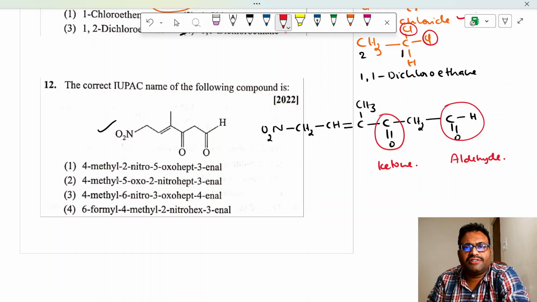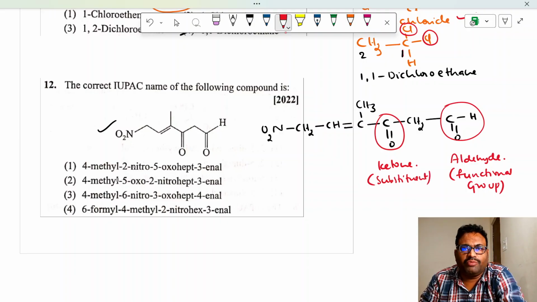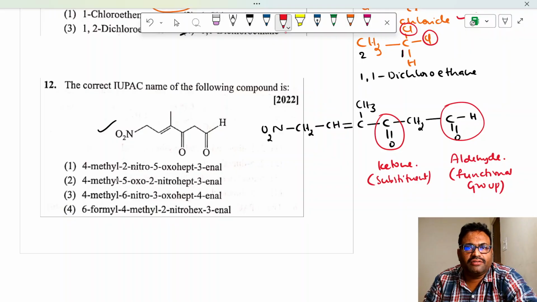Aldehyde has more priority than ketone, so it is considered the functional group, whereas ketone is a substituent. When more than one functional group is present, the one with high priority is considered the functional group, the other is considered the substituent. Okay.